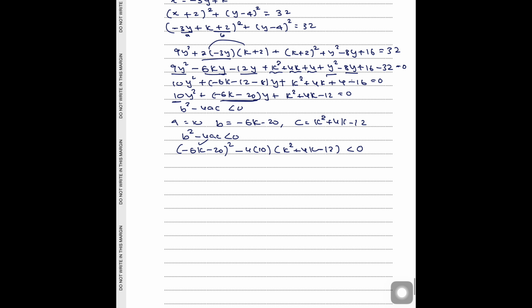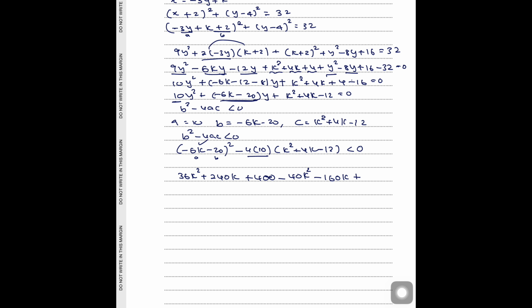(a plus b) squared is a squared plus 2ab plus b squared. So 36k squared. 2 times 6, 12, times 20, 240. So I'm writing 240k. Plus 20 squared, 400. 4 times 10, 40k squared. Then minus 4 times 4, 16, times 10, 160k.